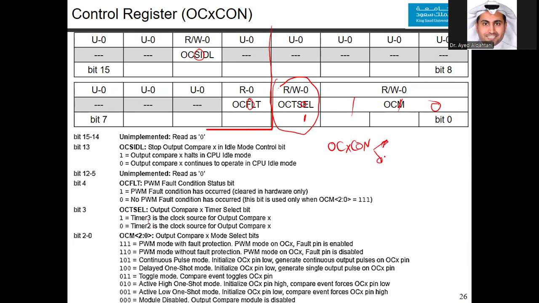Either it's going to be 0x6000, which is 0110, or it's going to be 0111, which is going to be 0xE000. In decimal, this is actually 6 and this is 40 in decimal, if you want the value in decimal. So to set up the output compare, it's fairly easy. It's actually easier than the timer.